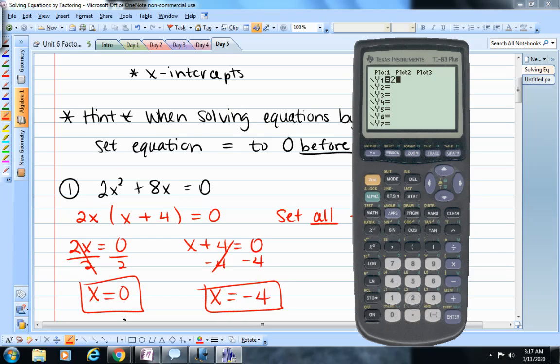So 2, and remember the x is right there by the green alpha button. 2x squared, and the square is diagonal from the 7, plus 8x. Okay. Hit graph. After you have that entered, hit graph, and you should get a parabola.